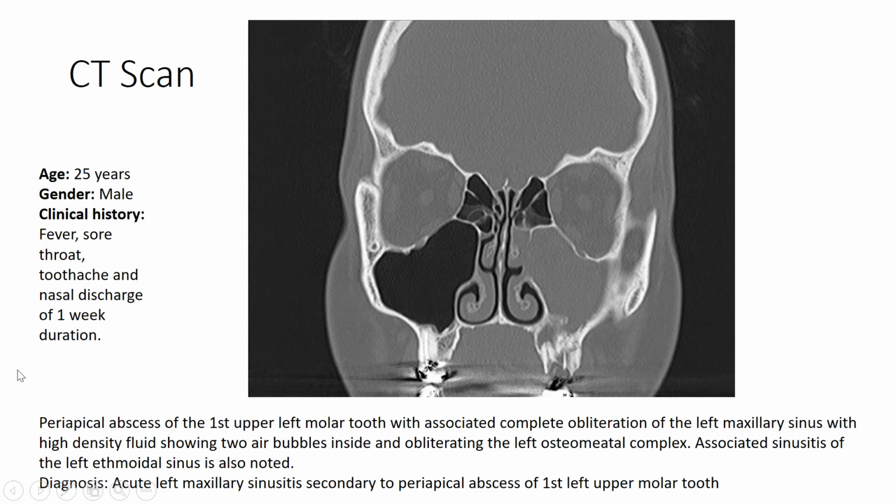After looking at this clinical history and taking the CT scan, the radiologist wrote that there is a periapical abscess of the upper first left molar with associated complete obliteration of the left maxillary sinus with high density fluid that shows 2 air bubbles inside and obliterating the left osteomeatal complex. So there is a sinusitis of this left ethmoidal.